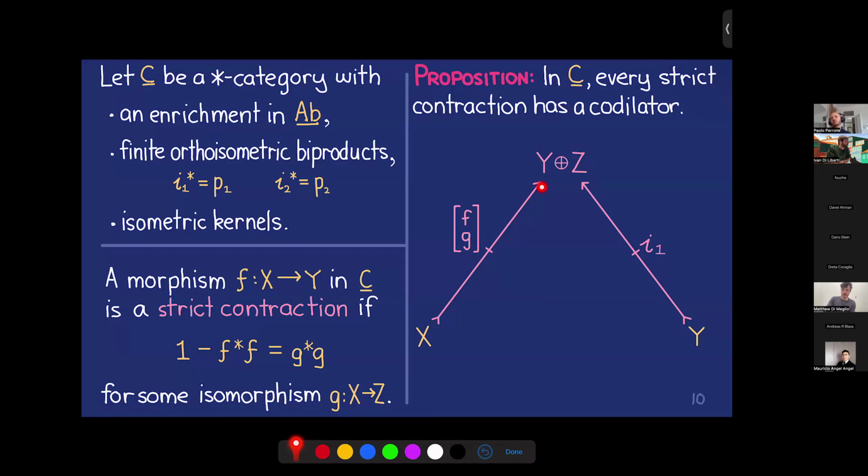You can check that if I do this morphism and then the adjoint of that morphism, I recover F. And this condition also means that this morphism is an isometry, so if I do this morphism and then the adjoint, I get 1.